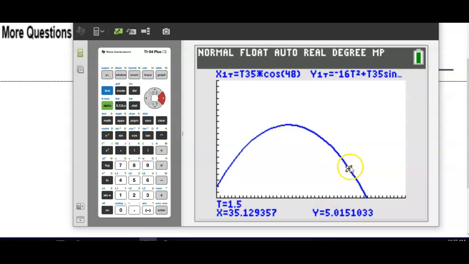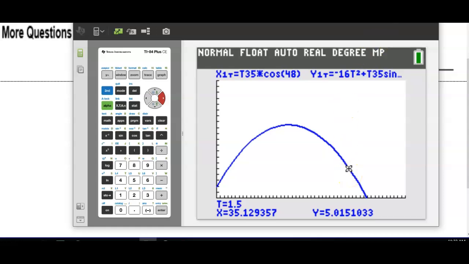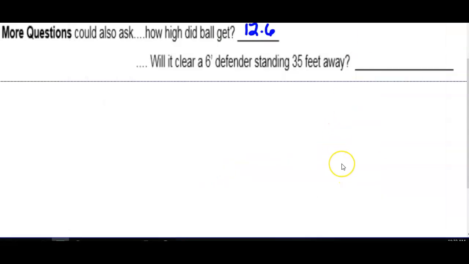And if the defender was standing there and was 6 feet tall, the ball might hit him in the face, right? Because the ball is 5 feet up. Might hit his face or his chest. But it will not clear over his head. Will it clear? No, the ball is 5 feet up. Okay? So that's how we're going to use this, and I'm going to do a few more examples.